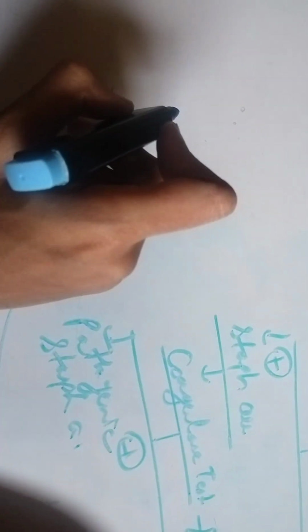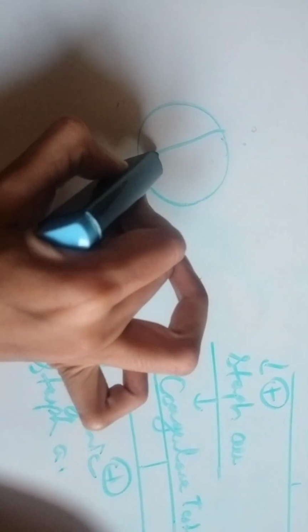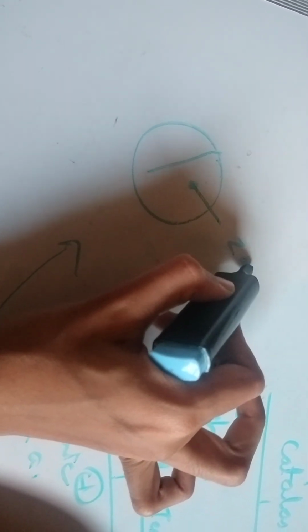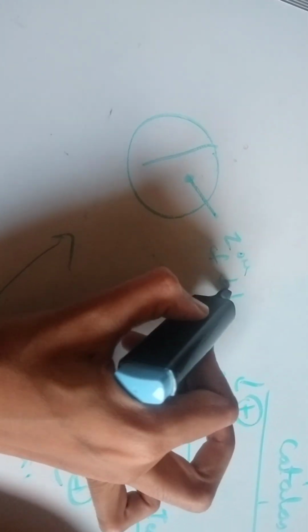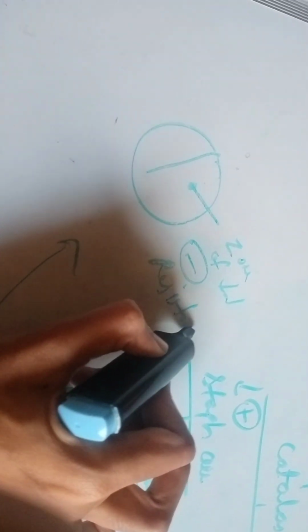In this test, on the culture media, when there is a zone of inhibition, it is sensitive, and when there is no zone of inhibition, it is resistant.